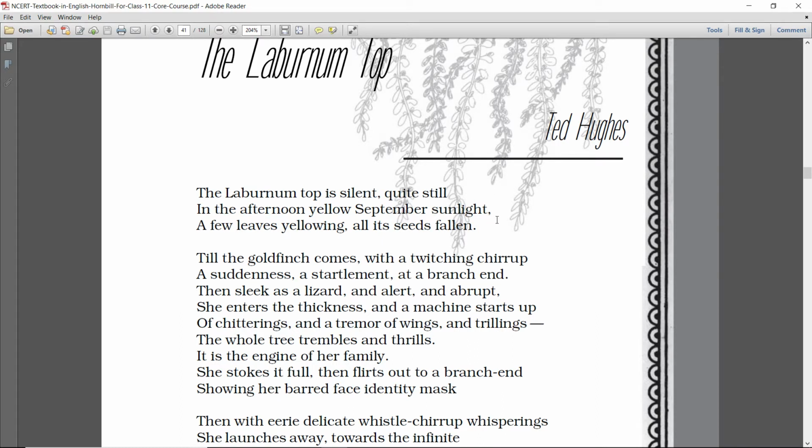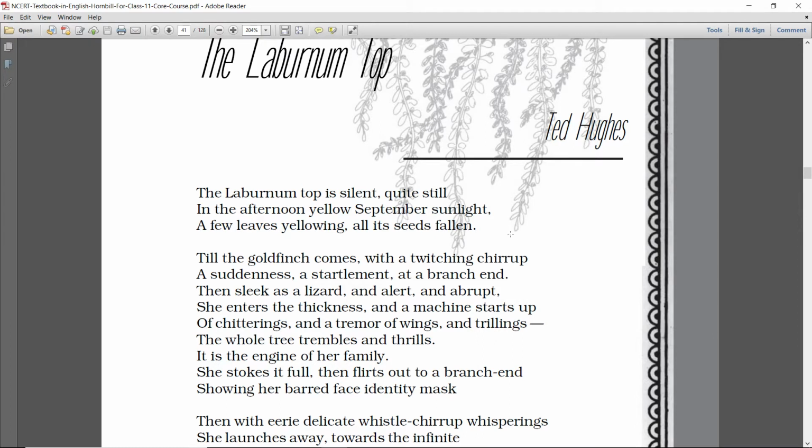So all these things indicate that probably this is the time of autumn. Generally, this happens during autumn. The leaves turn yellow and seeds start falling. So the poet is saying that it is a September afternoon and the laburnum tree is motionless.